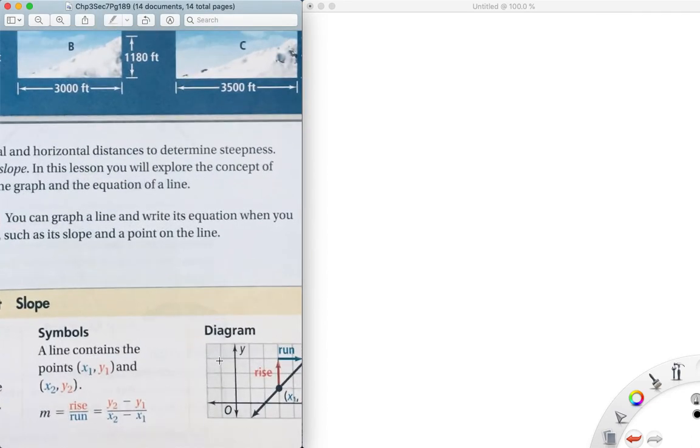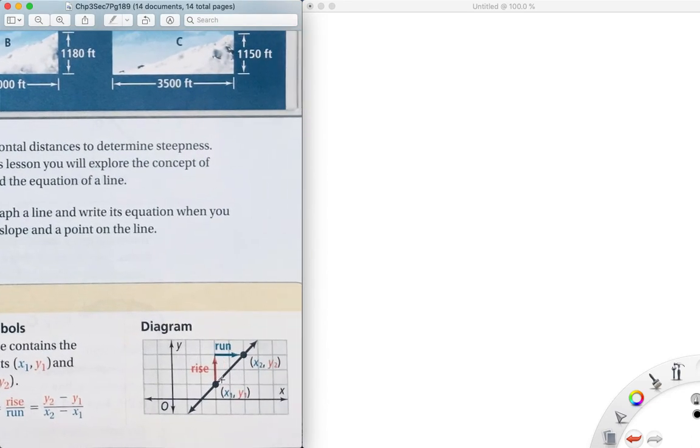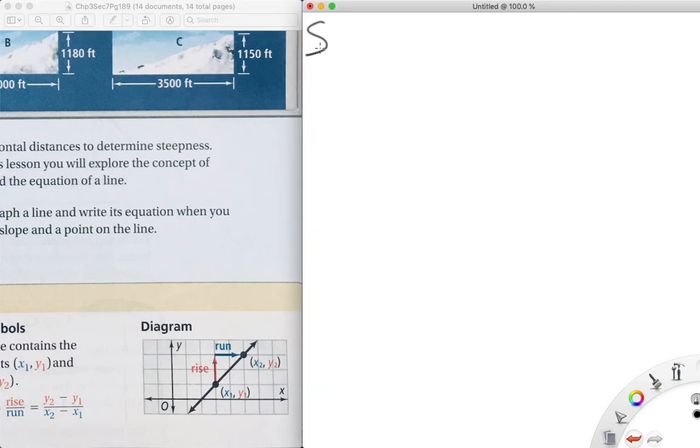In a coordinate plane, a slope is basically the rate of change. And the rate of change is just a comparison of two things.